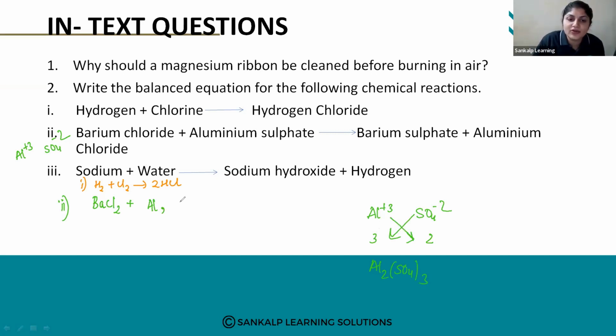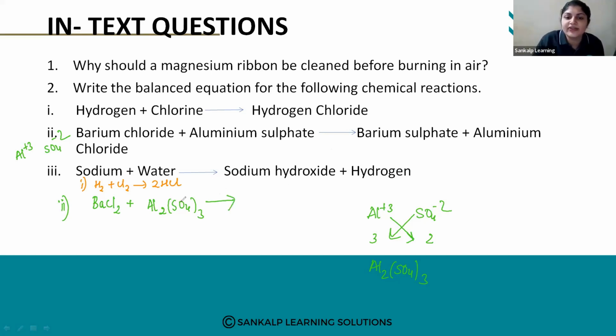Understood? So whenever you have unequal charges, it should be crisscross. So you have to write the charges below. Al plus 3, write 3 below Al. SO4 minus 2, write 2 below sulfate. Then you just crisscross it. You will get Al2(SO4)3. So this is aluminium sulfate.